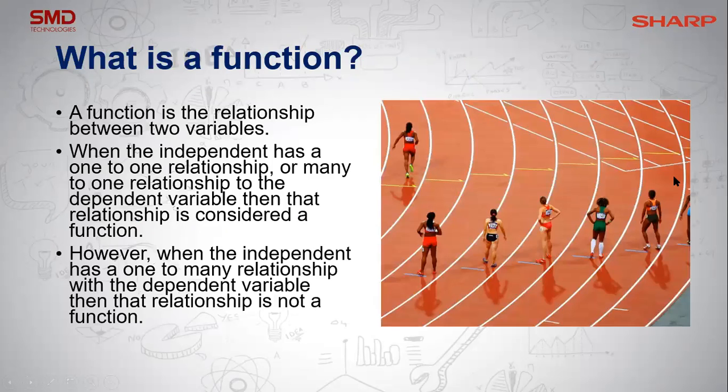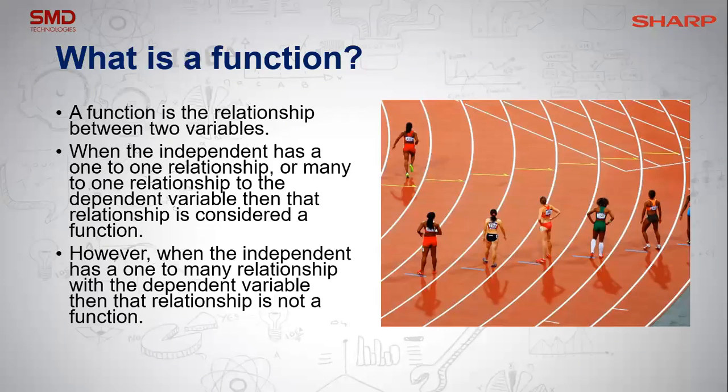Okay, so inverse and log functions. The first thing that we need to do is to be able to define a function. A function is a relationship between two variables, but the type of relationship is important. So thanks Sonia.